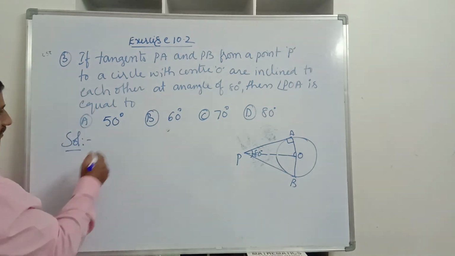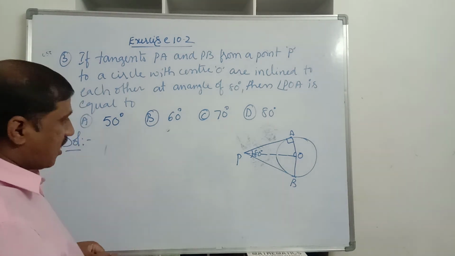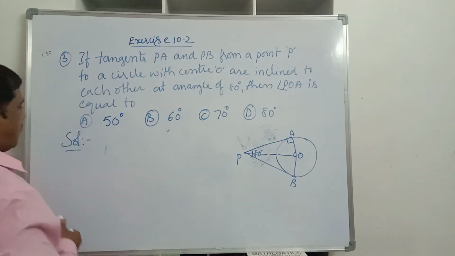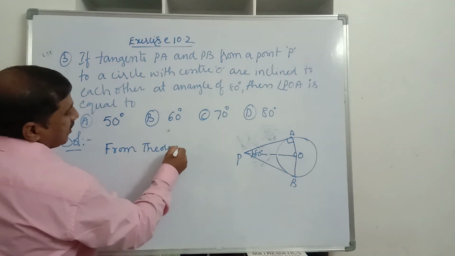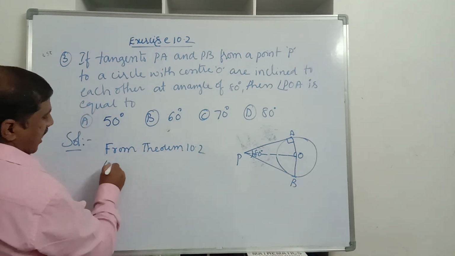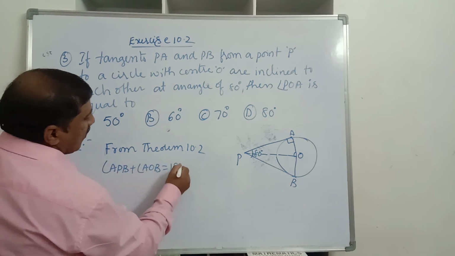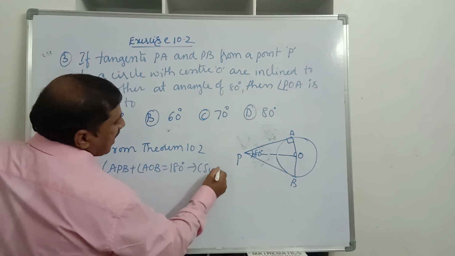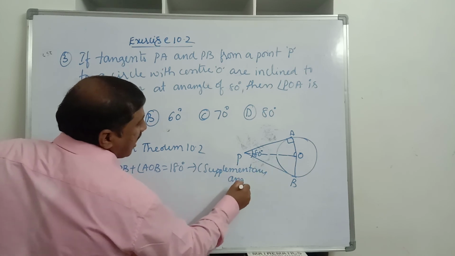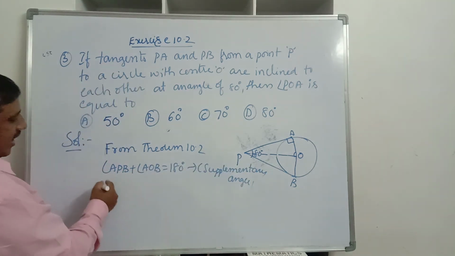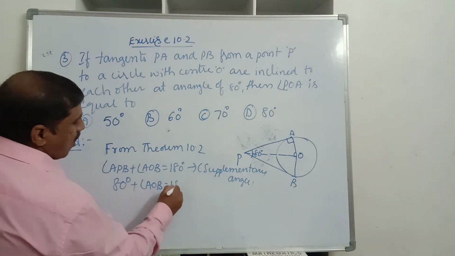Now I will discuss it here. From theorem 10.2, angle APB plus angle AOB is equal to 180 degrees. That is supplementary angles, and we know angle APB is equal to 80 degrees. That is 80 degrees plus angle AOB is equal to 180 degrees.